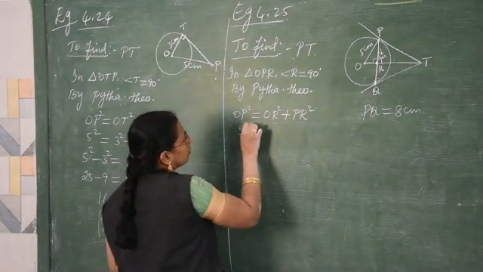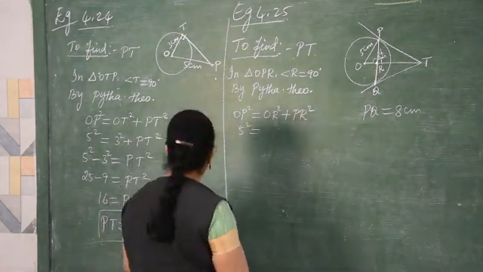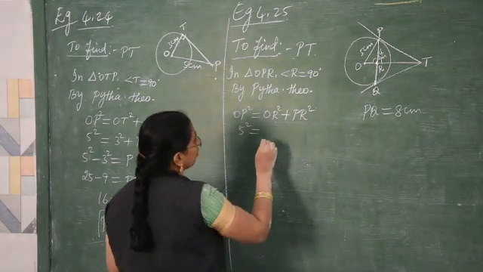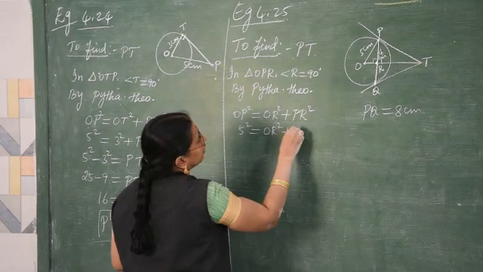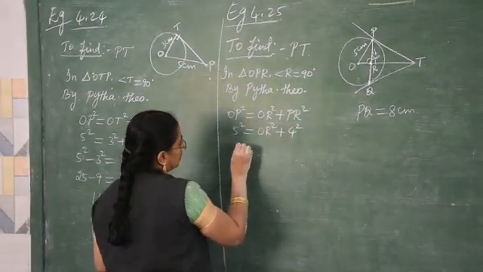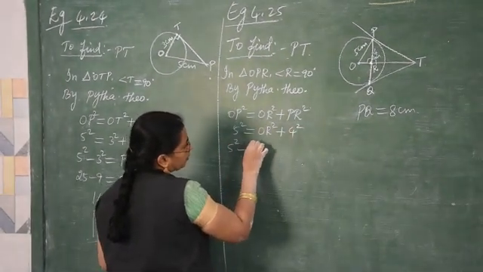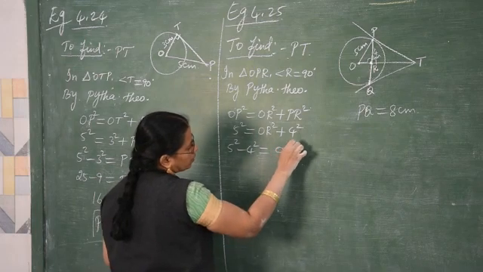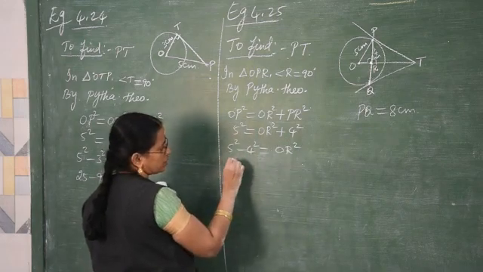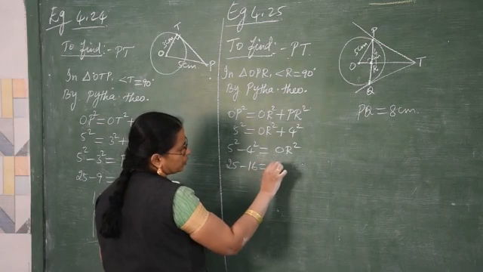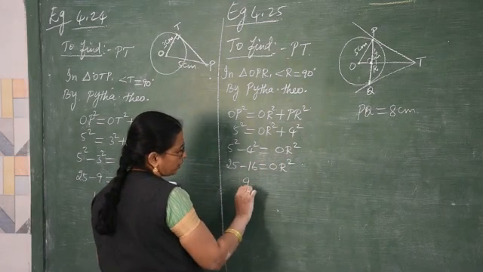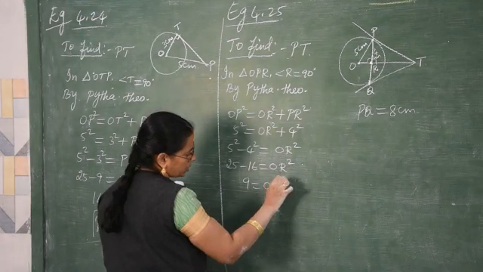Now, what is OP? 5 square. 5 square equals OR square plus PR square, where PR is 4. What is OR? That only you are going to find out. So 5 square minus 4 square equals OR square. 25 minus 16 equals OR square, 9 equals OR square.